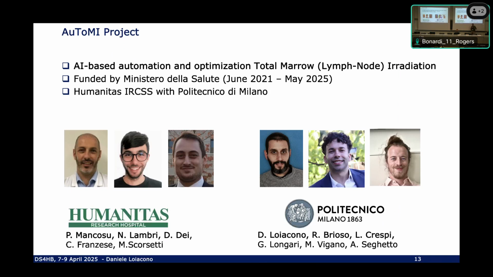It was aimed at automating a specific, quite complex treatment called total marrow lymph node irradiation, and is done with the coordination of Humanitas Research Hospital and with the partnership of Politecnico di Milano. In the slide, you can see the picture of the main components of the team that collaborated on this project and that are among the authors of the applications that I'm going to present.